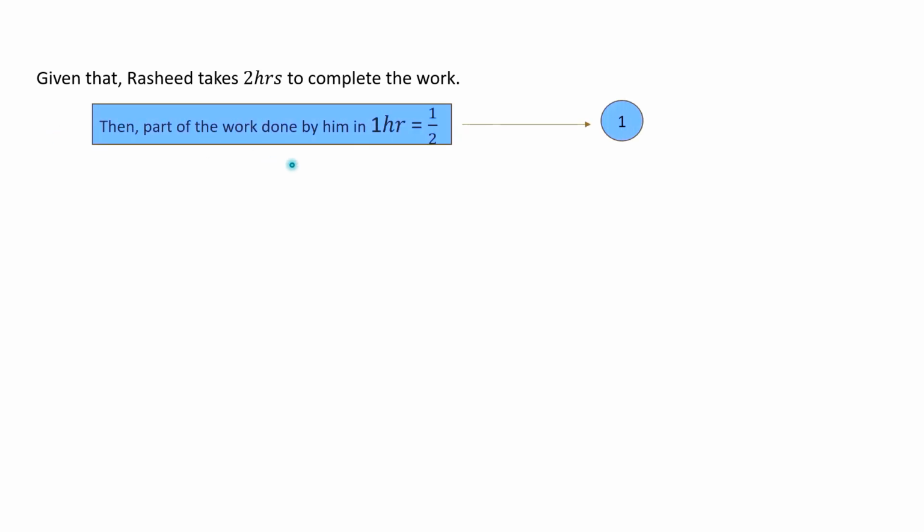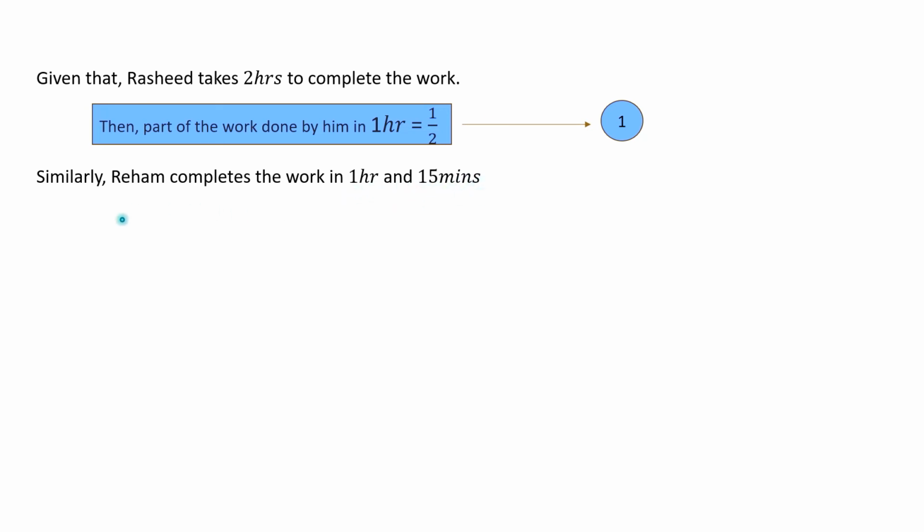Now let's solve this question. Here it is given that Rashid takes 2 hours to complete the entire work. That means in 1 hour, Rashid can complete 1/2 of the job. Similarly, Reham takes 1 hour and 15 minutes to complete the entire work.